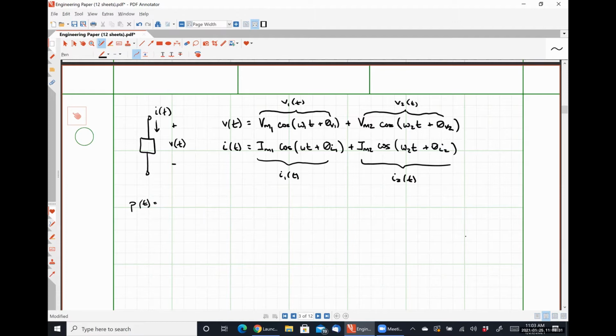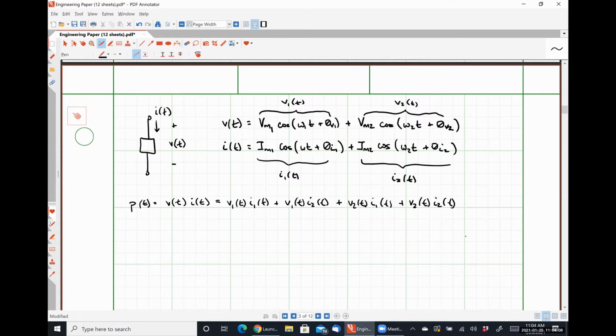And so we should be able to see that the power absorbed by this element is V of t times I of t, which will become V1 I1 plus V1 I2 plus V2 I1 plus V2 I2.